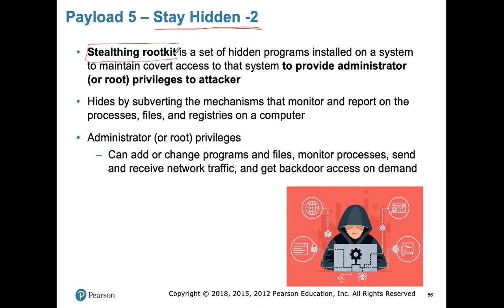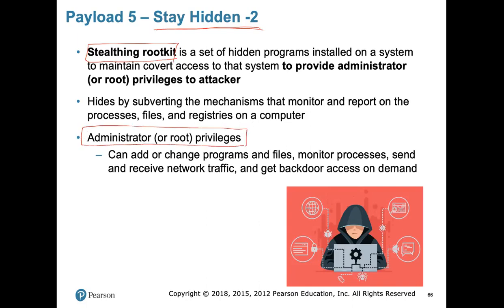And before that, I'm gonna first define what a rootkit is, and then we come back and talk about stealthing rootkits. A rootkit, or kind of a root privilege, is a program or application or process which has access to all components of our computer.